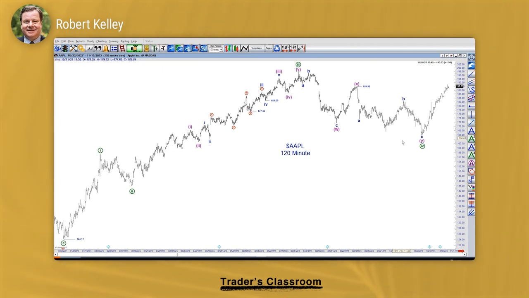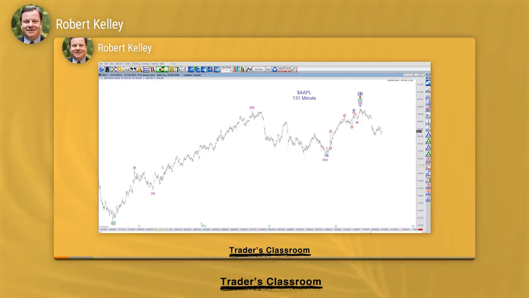So overall, the outlook for a move to new highs has worked out here, and the count as it was updated was calling for a move to new highs, which would result in a fairly significant top. So let's go to the next point on this.